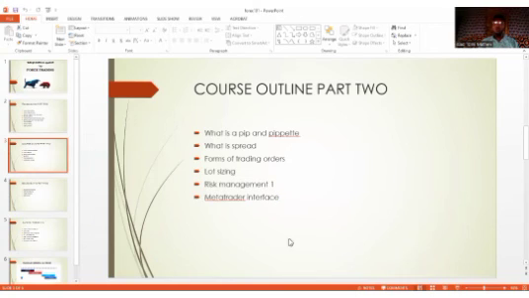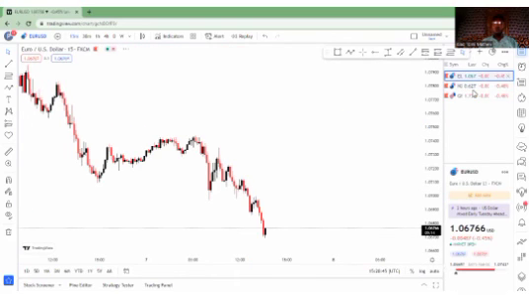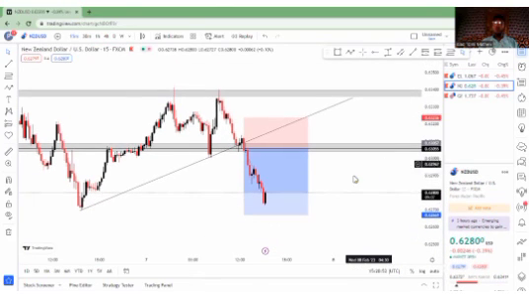This one that I've been showing you thus far is TradingView. On TradingView, you cannot place a trade. You can only use it to analyze. That is what TradingView is useful for.